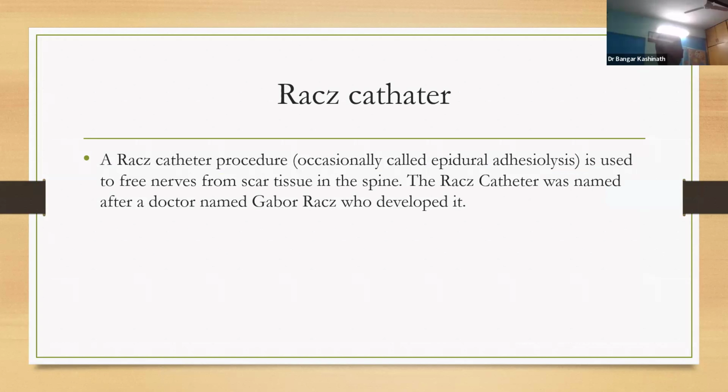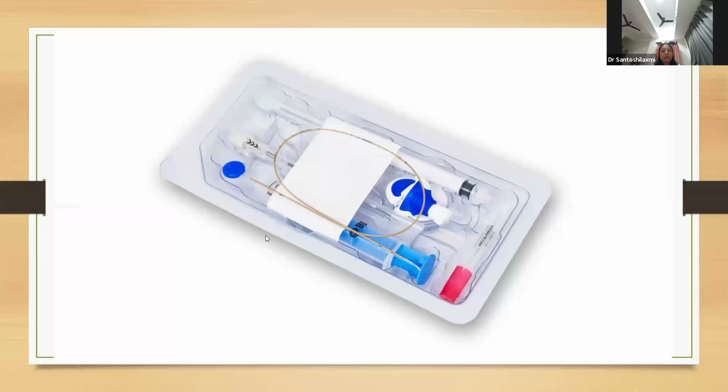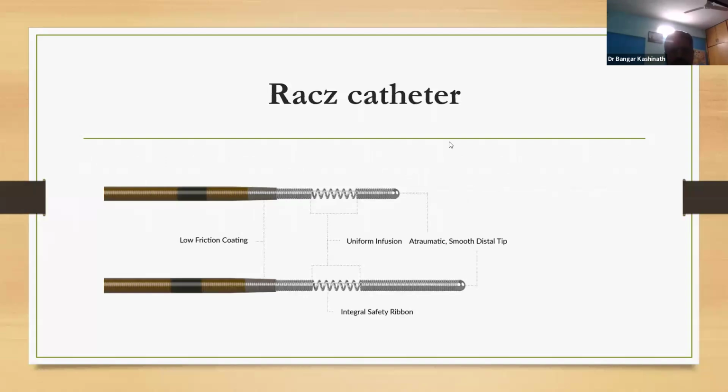So, the Racz catheter. The Racz catheter is used for epidural adhesiolysis, especially in post-spine surgery syndrome. This is an assembly of the Racz catheter. I will show you, maybe we'll compare the various tips. See, there is a low friction coating and an atraumatic smooth distal tip.